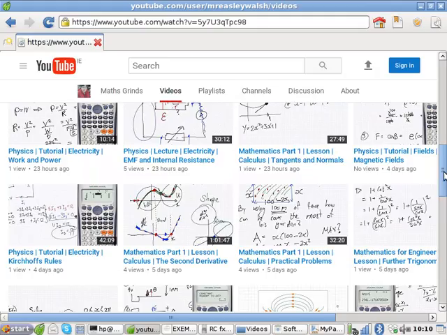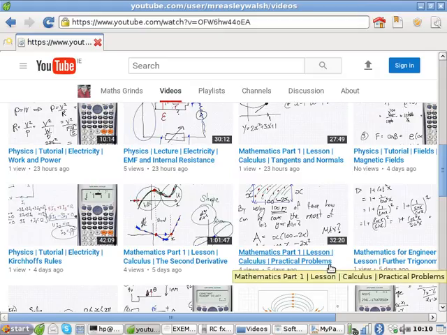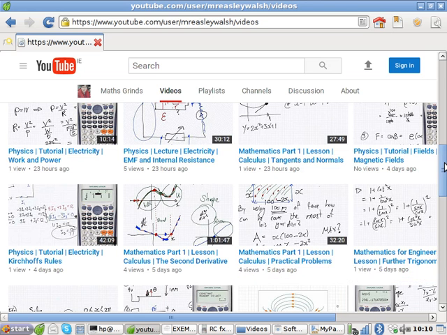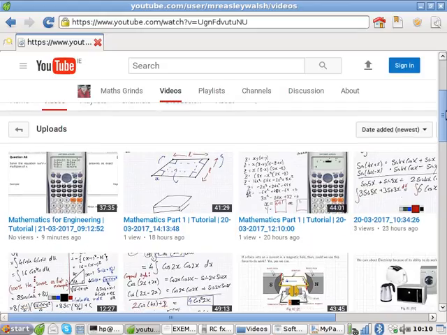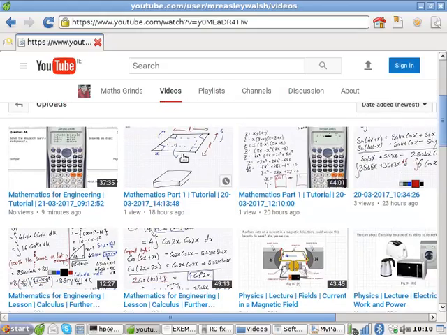Here, this lesson is the one you want. This is where I teach about the practical problems. And where is the tutorial? And then the tutorial, you can see in the picture here, this example I did in the tutorial is with a box as well. So the Maths Part 1 tutorial here, or this one here, both of these have some questions on the practical problems.